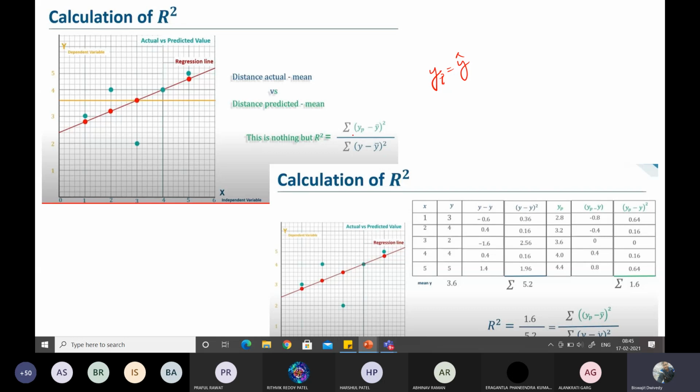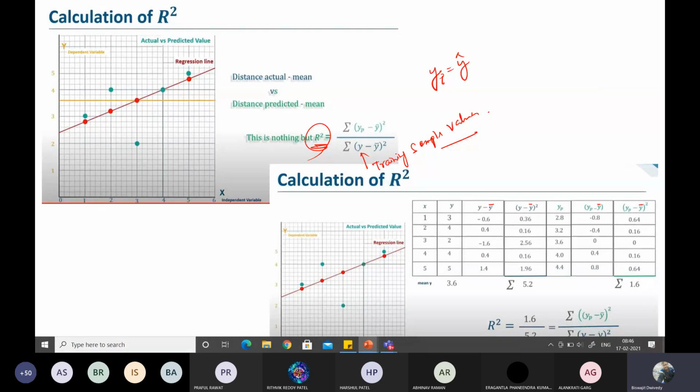In your numerator you have YP minus Y mean, so Y dash, Y mean, and square, and in the denominator Y minus Y mean, where Y is the value of your training sample values. After dividing these two factors you can get your R square value. So those calculations have been done here. Let me tell you one thing, here everything is a bar, mean values are there. Please note down this thing.